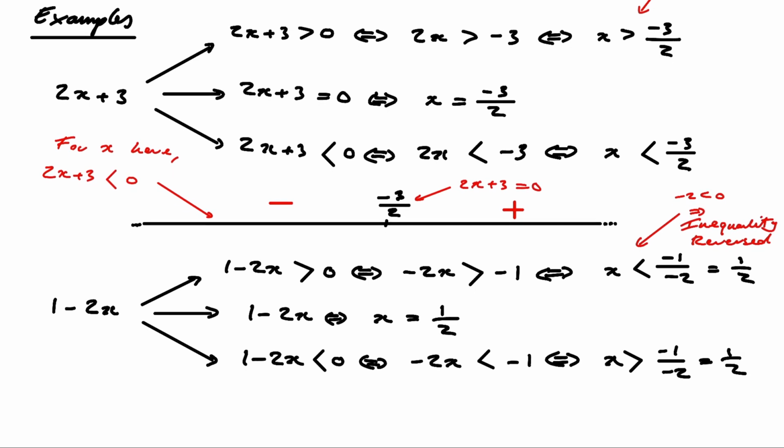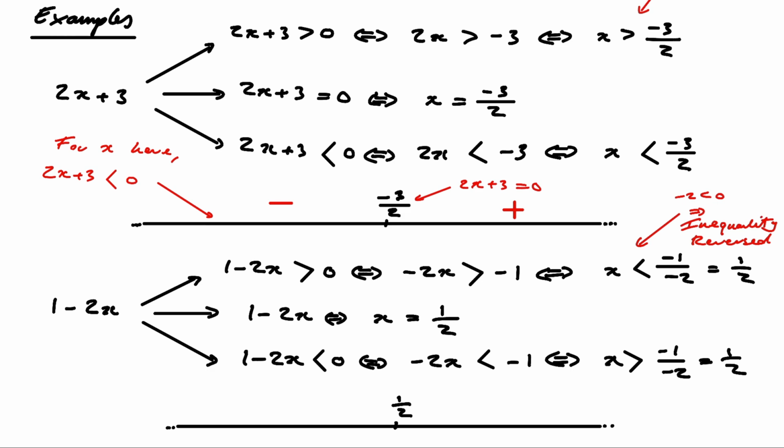Well, let me draw exactly the same basic number line. And this key moment is a half in this case. But now it's kind of the opposite way round.